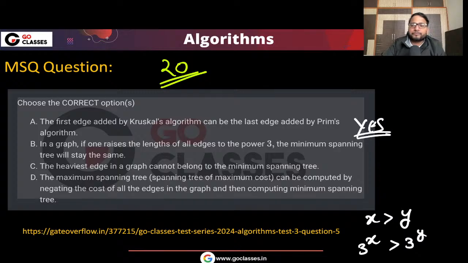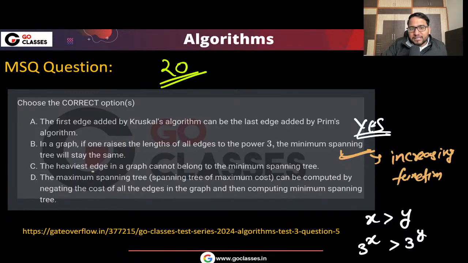The relative ordering won't change. That is true, right? Because this exponential is an increasing function, it won't change the relative order. So this is also true, because increasing functions don't change the relative orders.